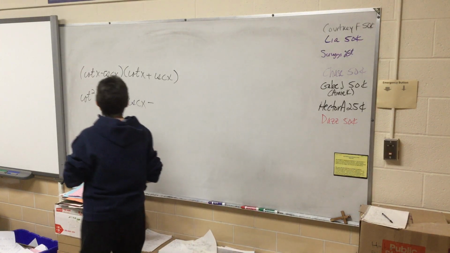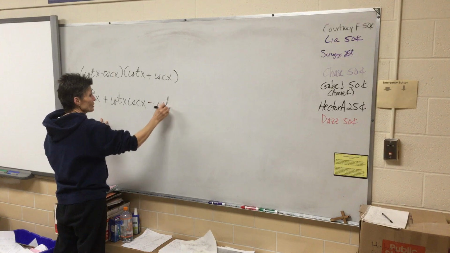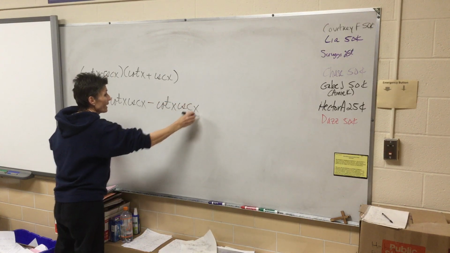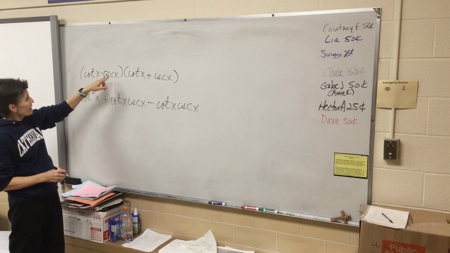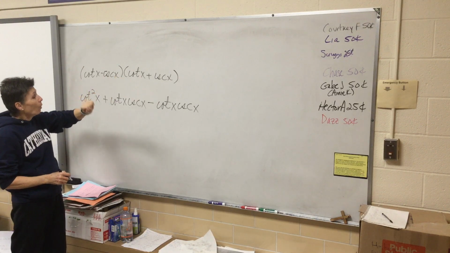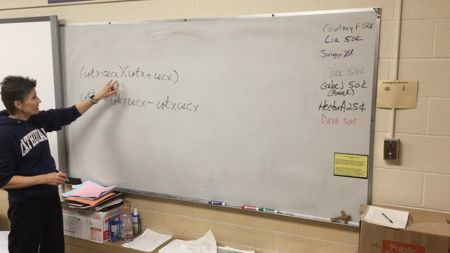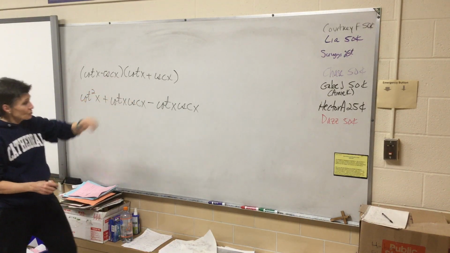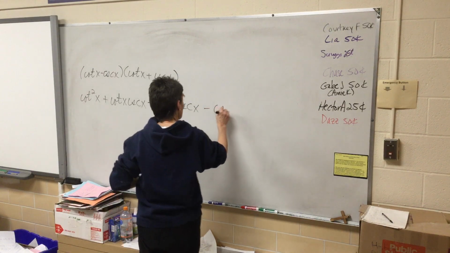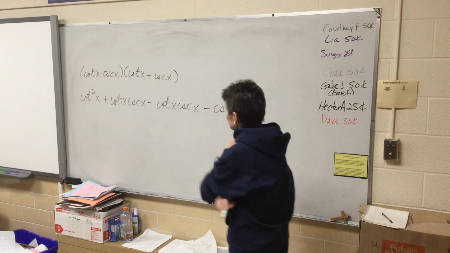So it's going to be minus cotangent cosecant. Remember, when I multiply, I can do it in either order. So I can say cosecant cotangent or cotangent cosecant. It doesn't matter when you're multiplying. And then my last terms will be minus cosecant squared.